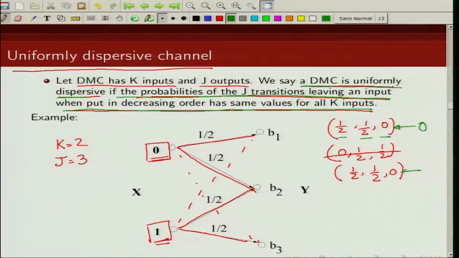When I did the same thing for input 1, I got half, half and 0. Note, this is the same. So when I arrange these transition probabilities in descending order, it is the same whether I consider input 0 or input 1, and that's what my definition says. So this is an example of a uniformly dispersive channel.